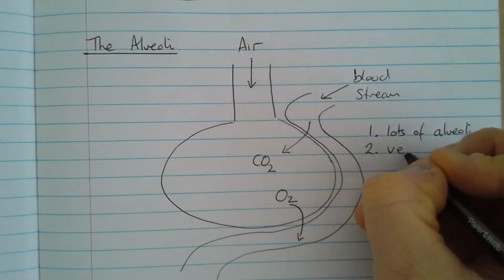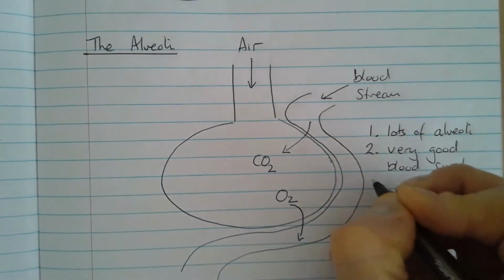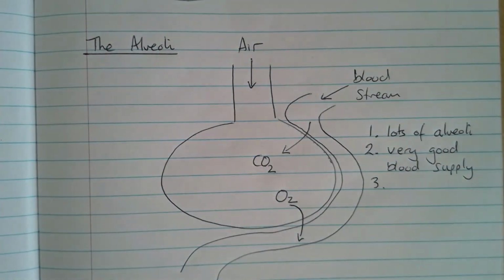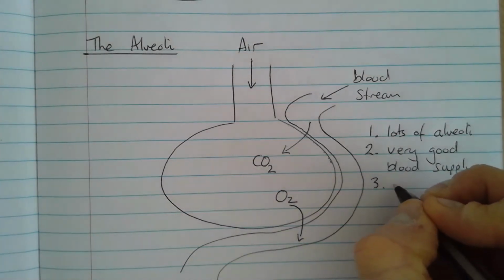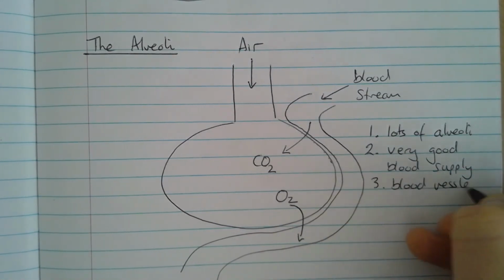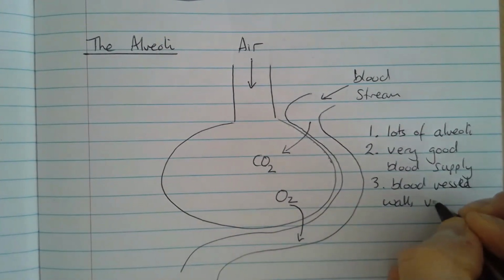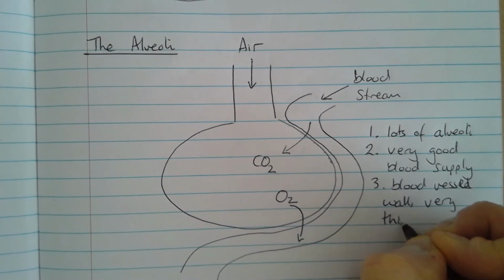There is a very good blood supply, so there are lots of capillaries, lots of very small blood vessels all around the lungs which are running next to the alveoli, which mean that they can absorb lots of oxygen and release lots of carbon dioxide, and the blood vessel walls are very thin.